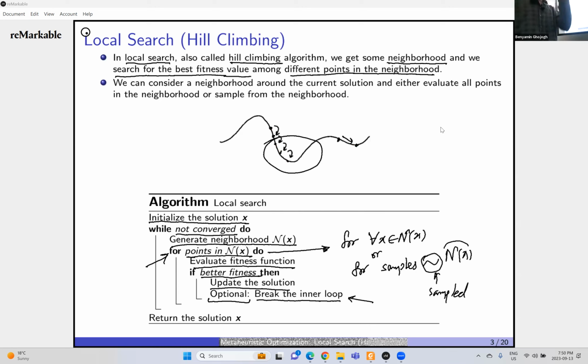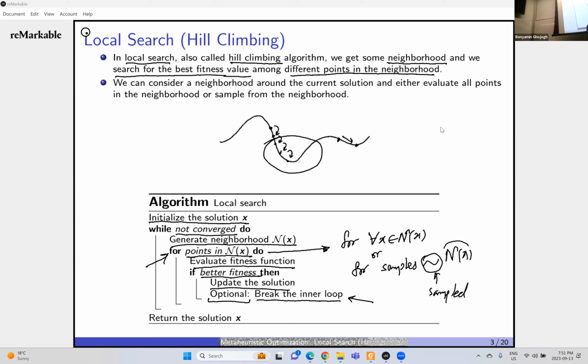Right? I can say this problem of local search exists for all of the metaheuristic optimization algorithms. Whenever you are searching, even intelligently, you are prone to get stuck in the local best.